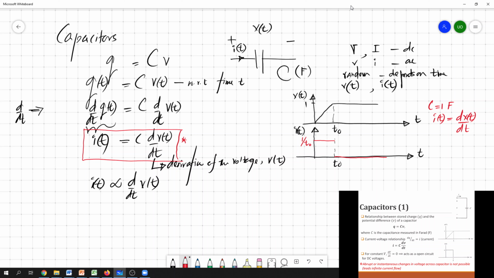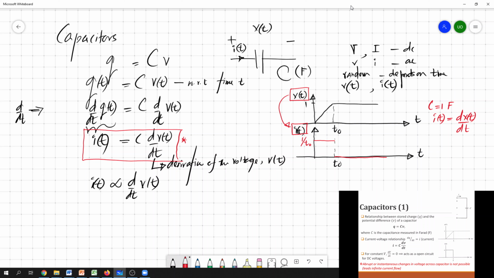So this is a very simple example. How do we get the induced current of a capacitor when you are given a voltage variation? It means if you are given this quantity, how do you get this? This simple example explains the way we can get the induced current across the capacitor when you are given the voltage variation or the voltage fluctuation across the capacitor.